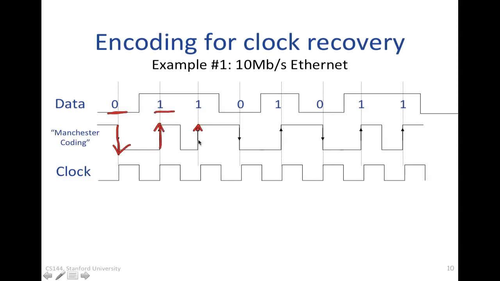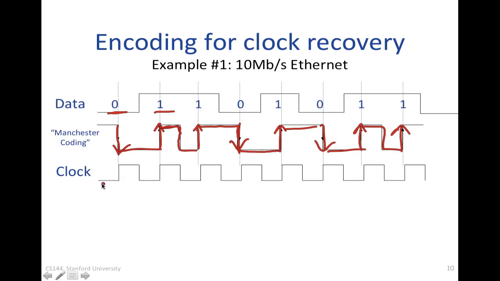So here we can see 1 is encoded by an upward transition, 0 is encoded by a downward transition. Okay, so this would be what would go on the line, and then to make it a continuous signal, we do this. Now notice I had to insert another transition here because I've got 1 followed by 1, so therefore I need to have a downward transition. And here I've got a 1 followed by a 0, so I need to have a downward transition here. So this would be the sequence that I would send on the wire.